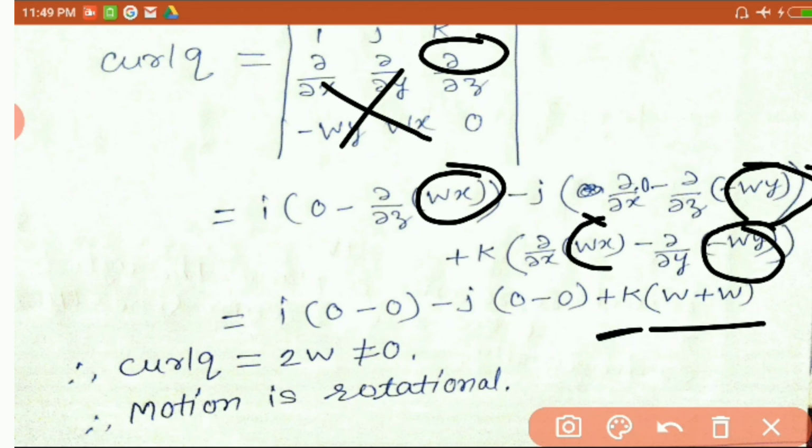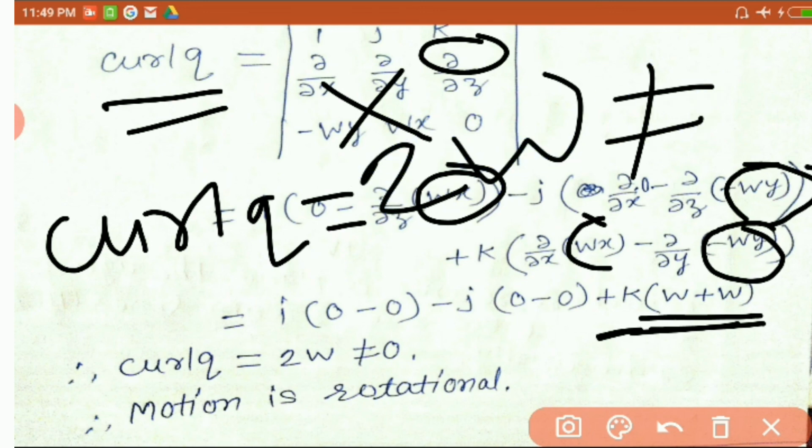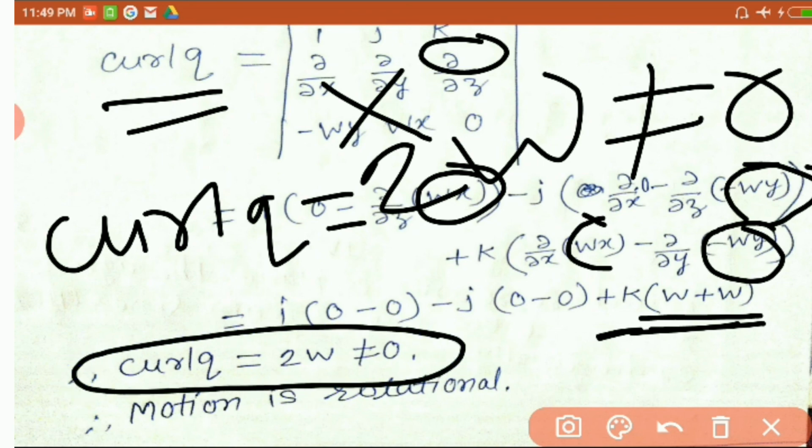So we get i 0, j 0, so 2w here, 2wk. So this curl q is not 0. Curl q is 2w k, which means it is not equal to 0. And if curl q is not equal to 0, therefore the motion is rotational.